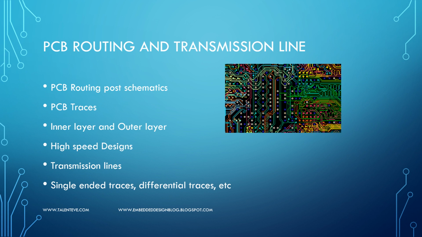Now let us assume a scenario where you are doing a processor based board, a 10 layer or 16 layer PCB, where you have high speed designs like SATA, PCIe, gigabit Ethernet, or USB.